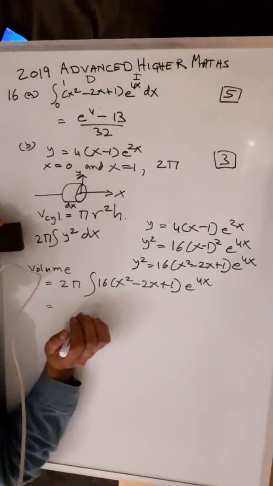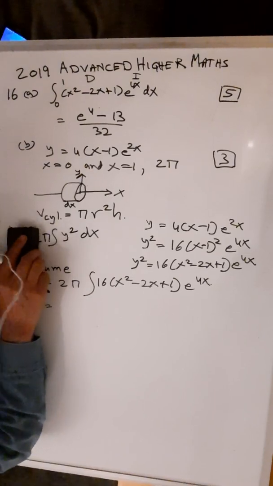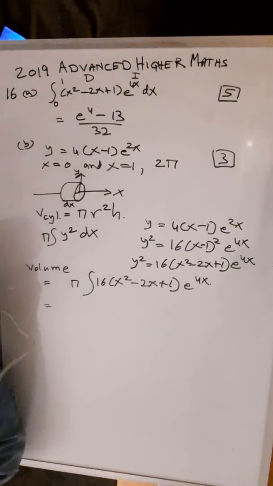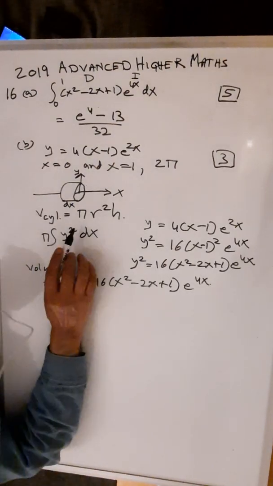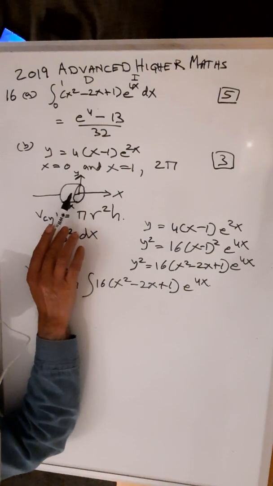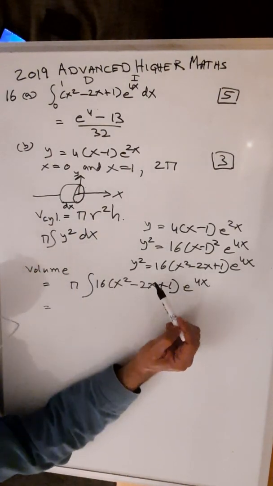Pi r squared h, so that's just going to be a pi there. R squared comes from the y squared because it's from y that you're getting the radius, so y squared is this.